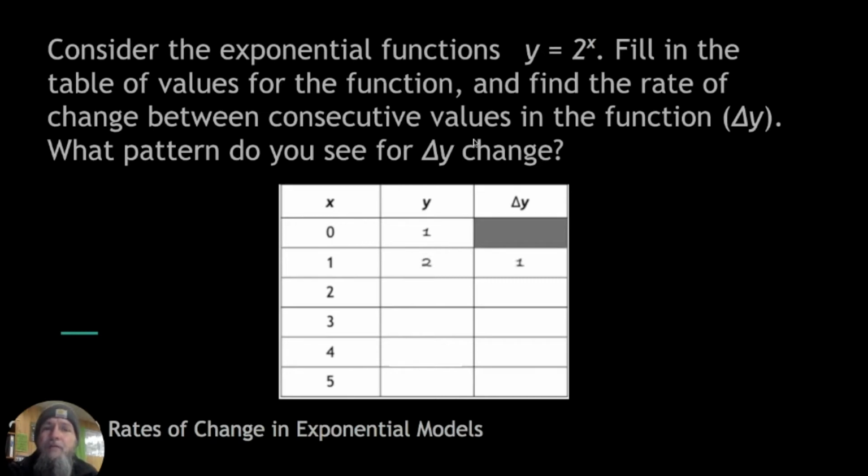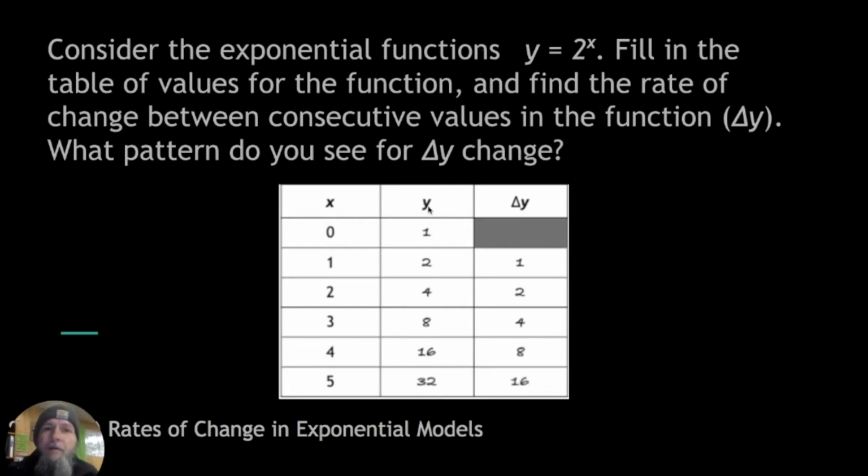The change in y is 1. When x is 2, y is 4, and the change in y is 2. Is that true? Yeah, 2 plus 2 is 4. When x is 3, y is 8, and the change in y is 4. And x is 4, y is 16, change in y is 8. X is 5, y is 32, change in y is 16.